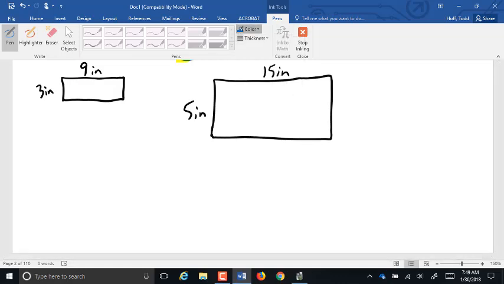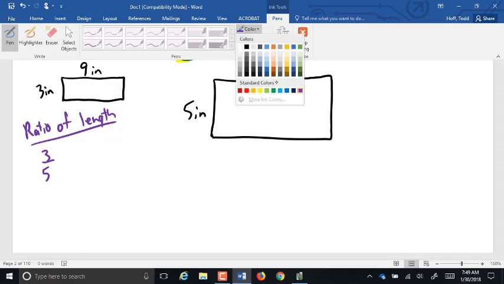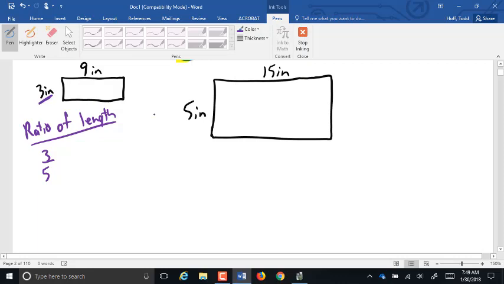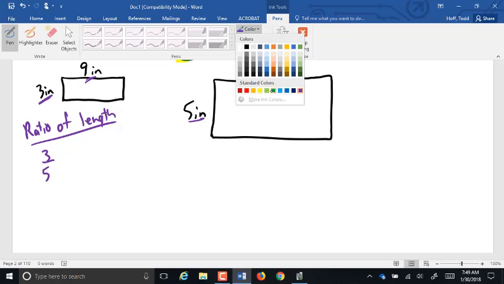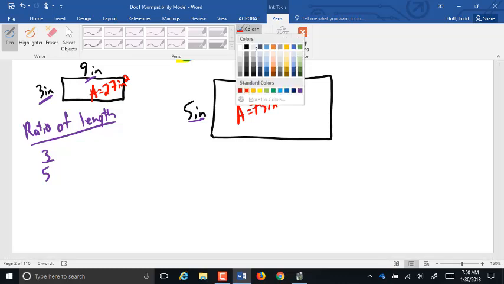So our ratio of lengths here is what? 3 to 5, right? 3 becomes 5, 9 becomes 15. You're going the wrong way, you're going within a figure. The area of this one is 27 square inches. Area of this one, 75.